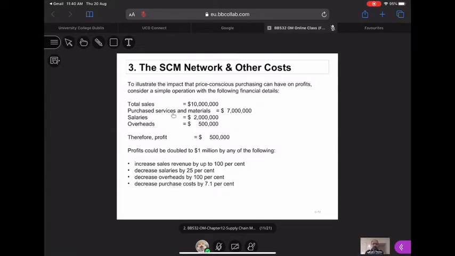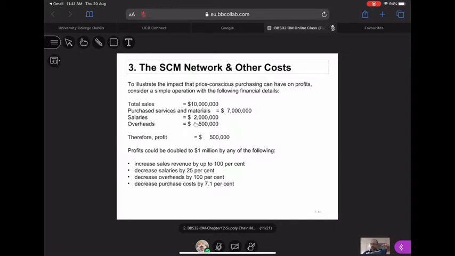Just say this company sell a certain kind of product and their total sales, just say for example in 1 month, is $10 million. The purchase of services and raw material is $7 million. So this company sells in 1 month their product, the sales is 10 million, but their raw material and services cost is $7 million.